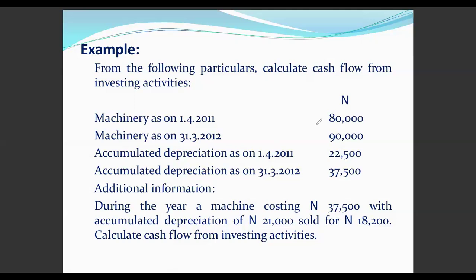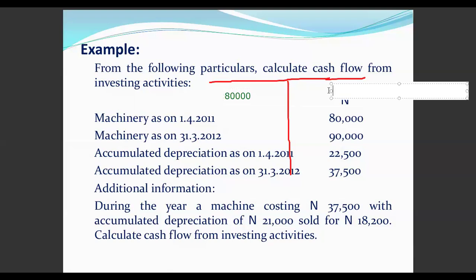So here I have opening balance 80,000. If I make rough calculations, the machinery account opening balance is 80,000. The closing balance is 90,000. Then the opening depreciation.